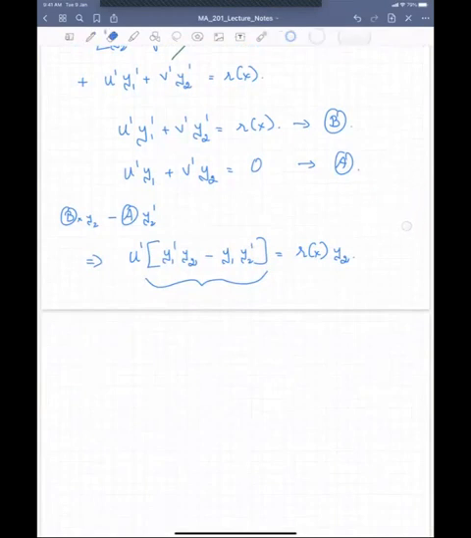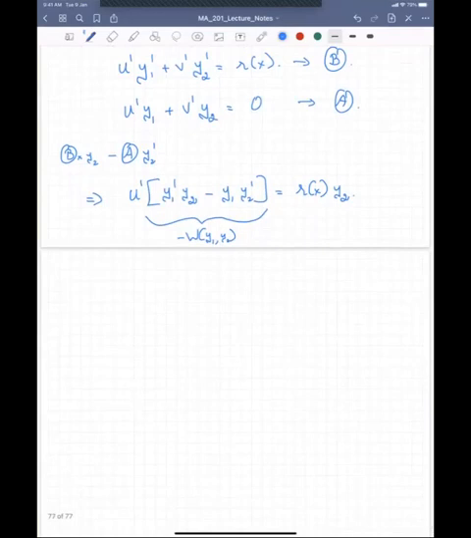So this will be minus W of y1, y2. Since I know that y1 and y2 are linearly independent, I'm guaranteed that the Wronskian is not 0. So I can divide by the Wronskian on both sides. So u prime would be equal to minus r of x y2 divided by W.